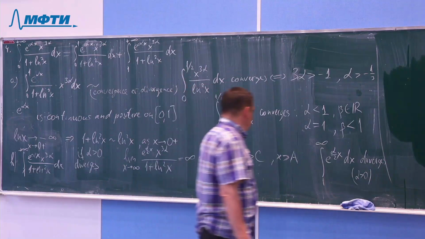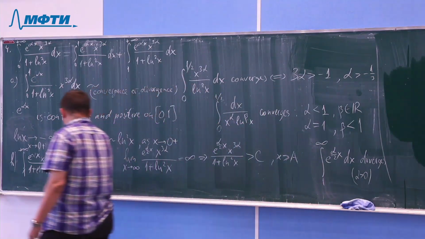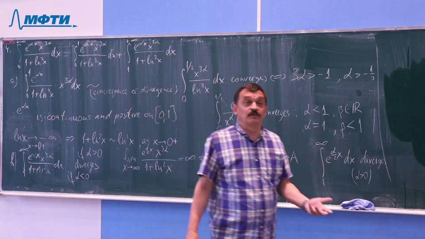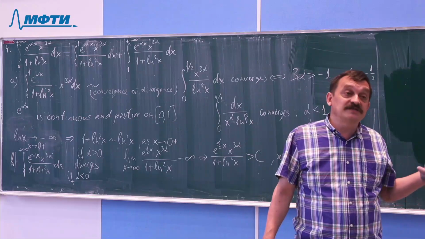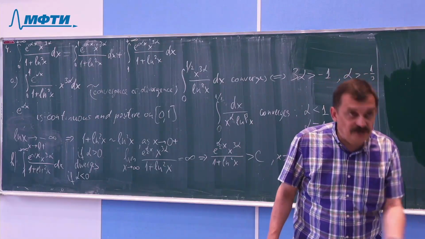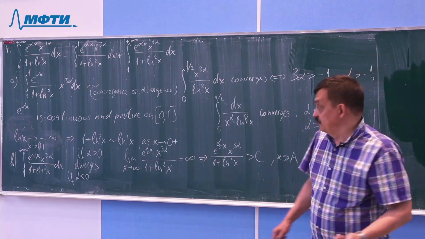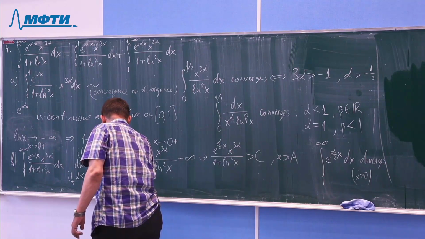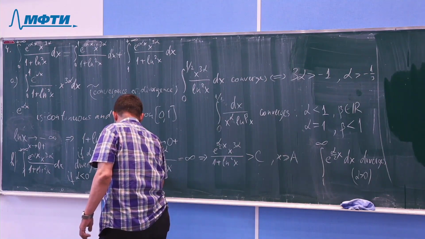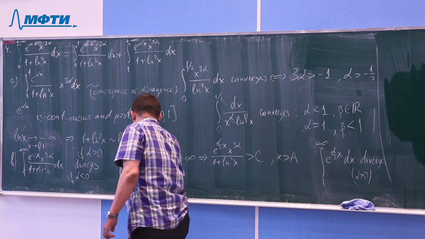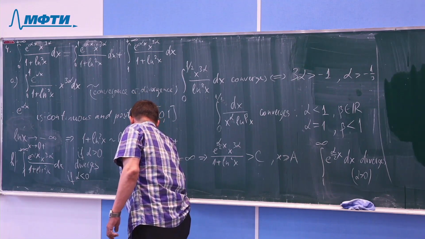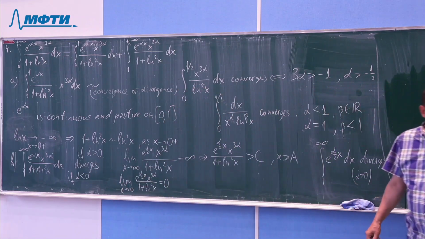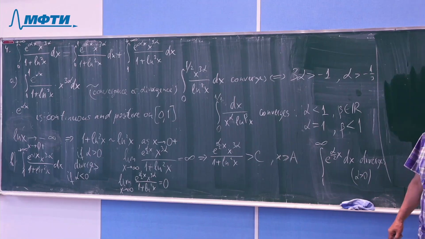And analogously, if alpha is less than 0, then what happens with the exponent? It tends to 0, again extremely fast, in such a way that the limit as x tends to infinity of e to the power alpha over 2 x, x to the power 3 alpha, 1 plus logarithm squared x is 0.